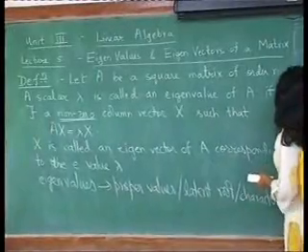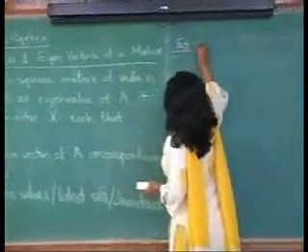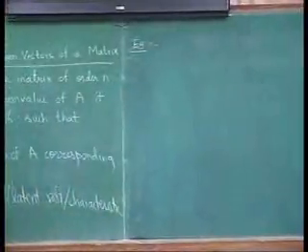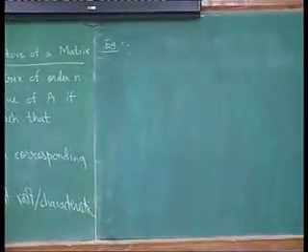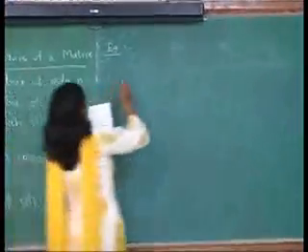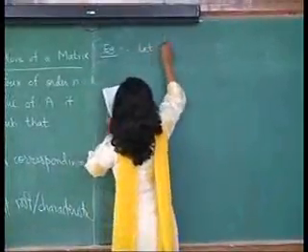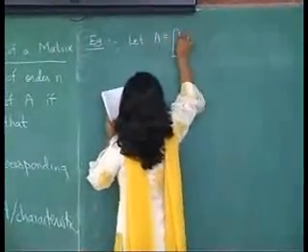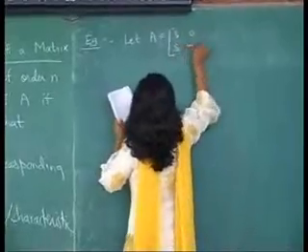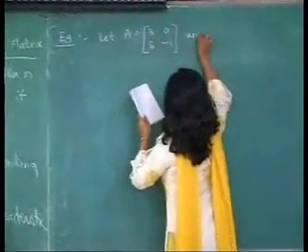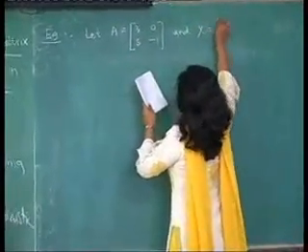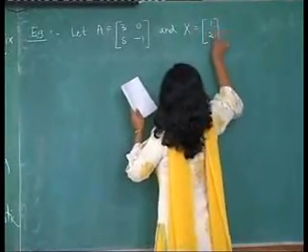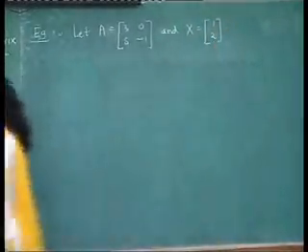So let's look at an example before I tell you how exactly to find an eigenvalue of a matrix. Suppose I take A to be the matrix [3, 0; 8, -1], and X to be the column matrix [1; 2].